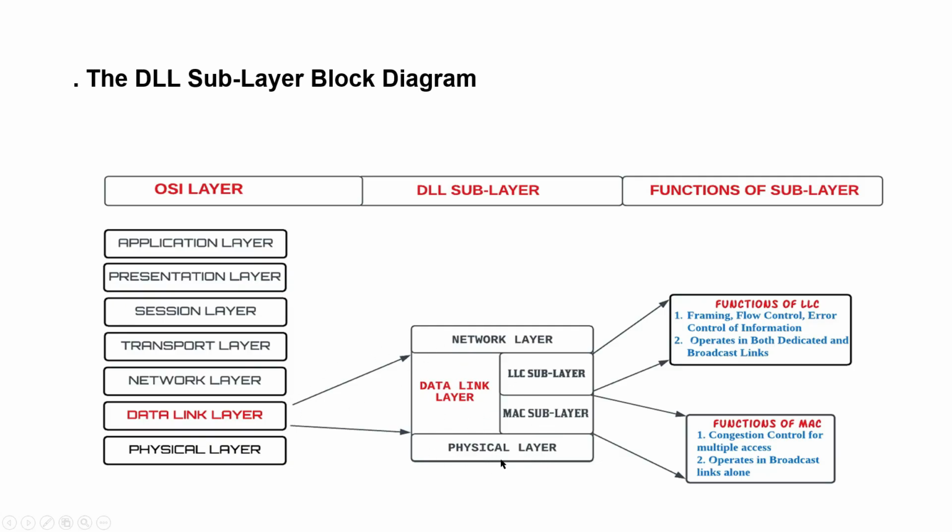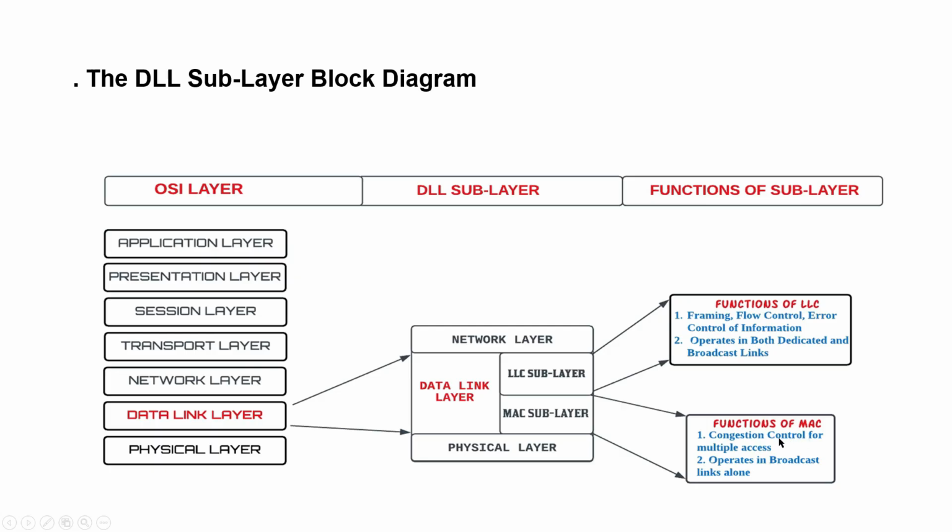The LLC sublayer handles the functions toward the network layer: framing, flow control, error control, and other operations for both dedicated and broadcasting links. After that, the LLC sublayer connects to the function of the MAC.